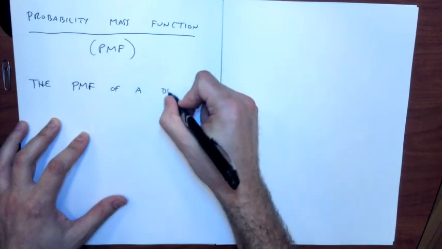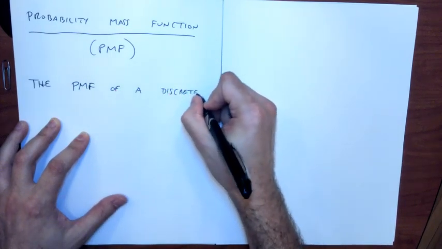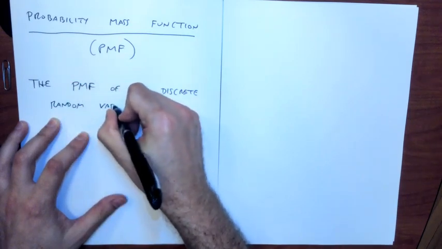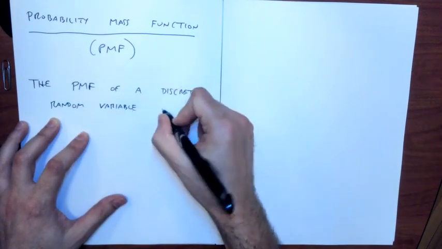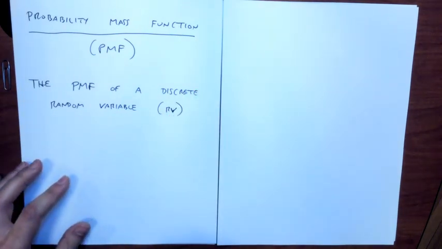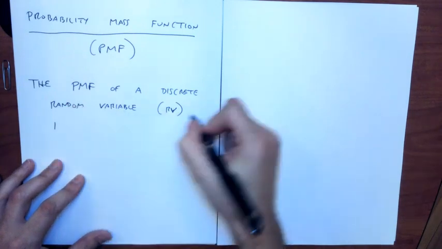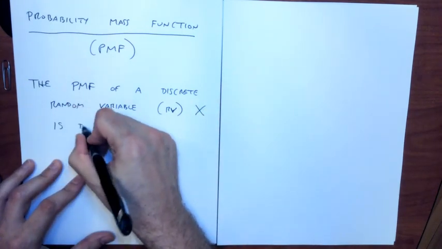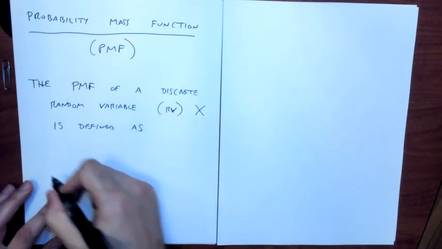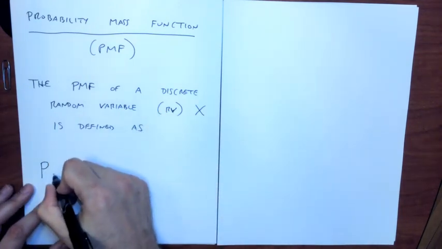So the PMF of a discrete random variable, and you may see me start to abbreviate this as RV just for laziness, X, is defined as this special notation, okay? So it's little p, big X, little x. I'm going to make this note for a second here.